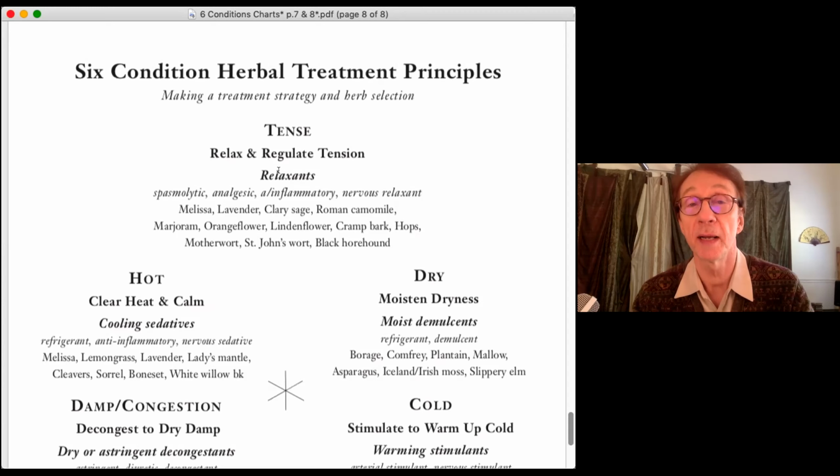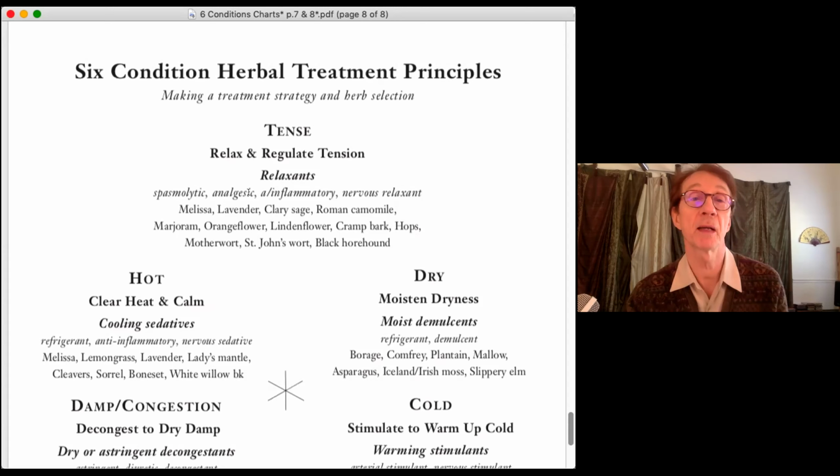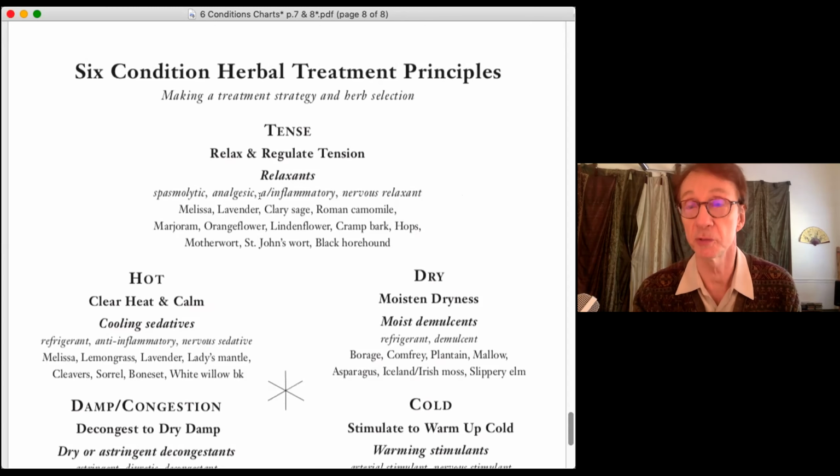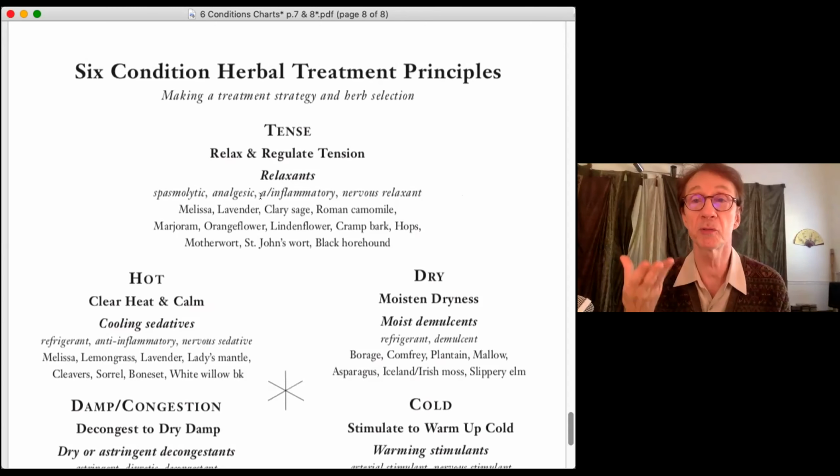So relaxants tend to exert these particular actions: spasmolytic, analgesic, anti-inflammatory, and nervous relaxant in general. Because remember that tension is a hypertonicity of the nervous system, right? The nervous system has heightened tension.